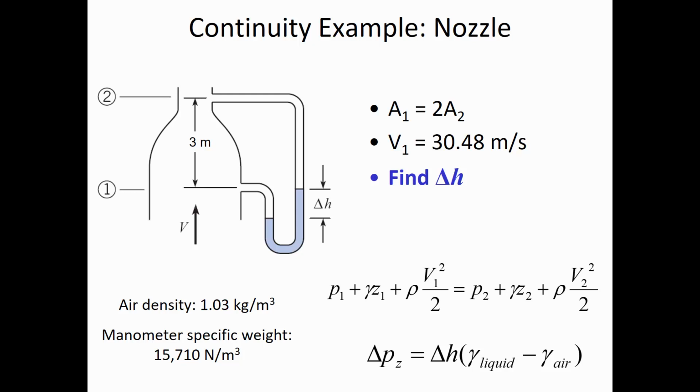You can substitute into Bernoulli's equation, but rearrange it so that you can substitute it into this delta P sub Z. So rearrange Bernoulli's equation so that on one side you have P1 plus gamma Z1 minus P2 plus gamma Z2. What's on the other side when you rearrange Bernoulli's equation to look like this on the left side?